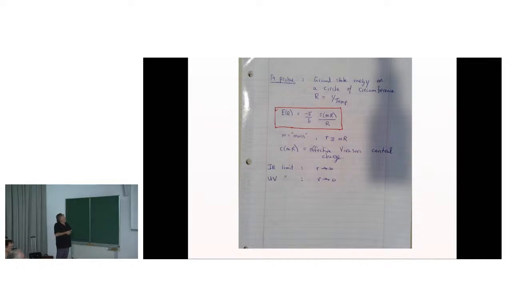And c, well, if the theory was conformal, c would be the Virasoro central charge. But if the theory is not conformal, it tracks the RG flow. So this is a function that should be defined in the infrared and ultraviolet. It should be defined for all scales if the theory is fully well defined. And this is kind of obvious: the infrared limit is R goes to infinity, UV is R goes to 0.